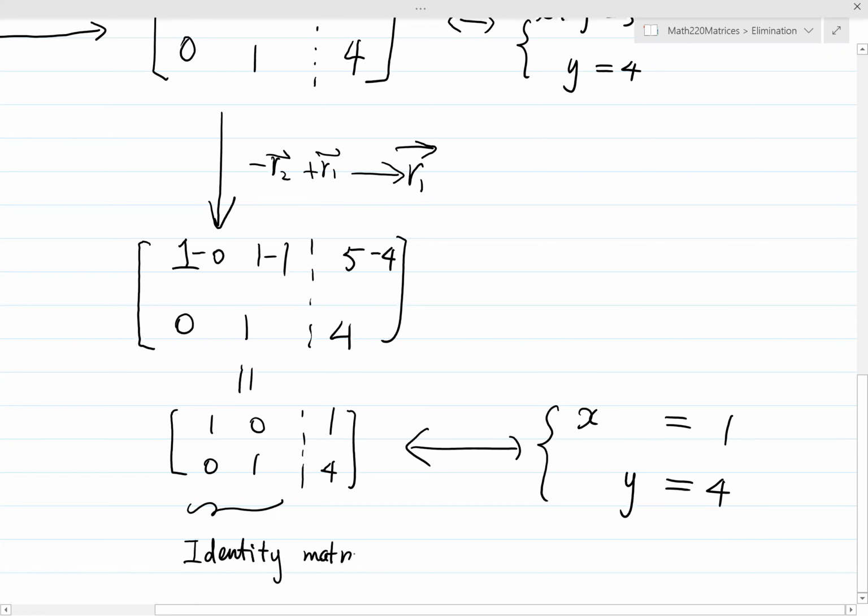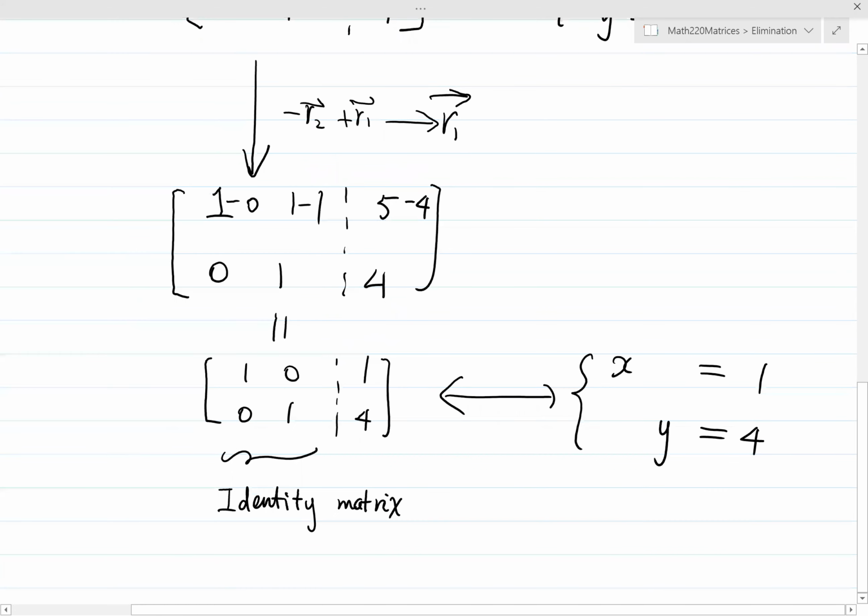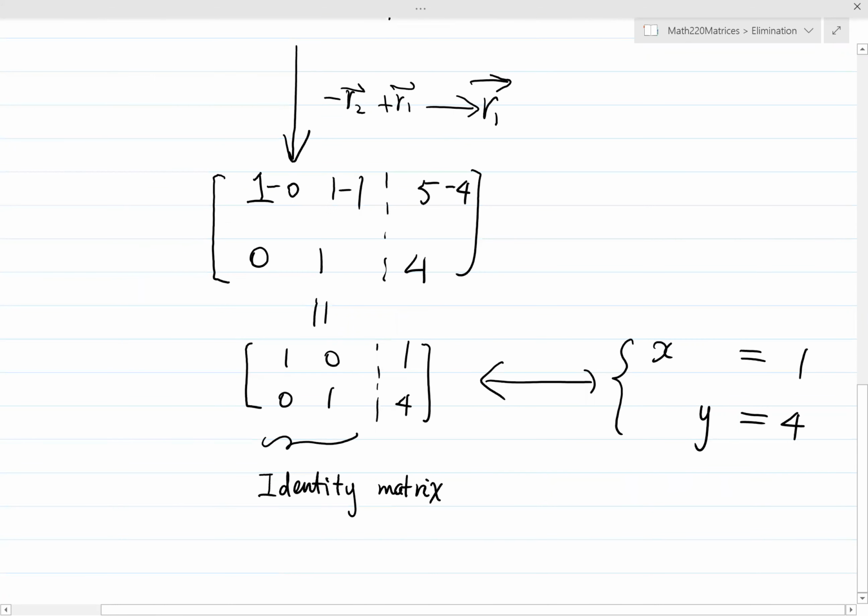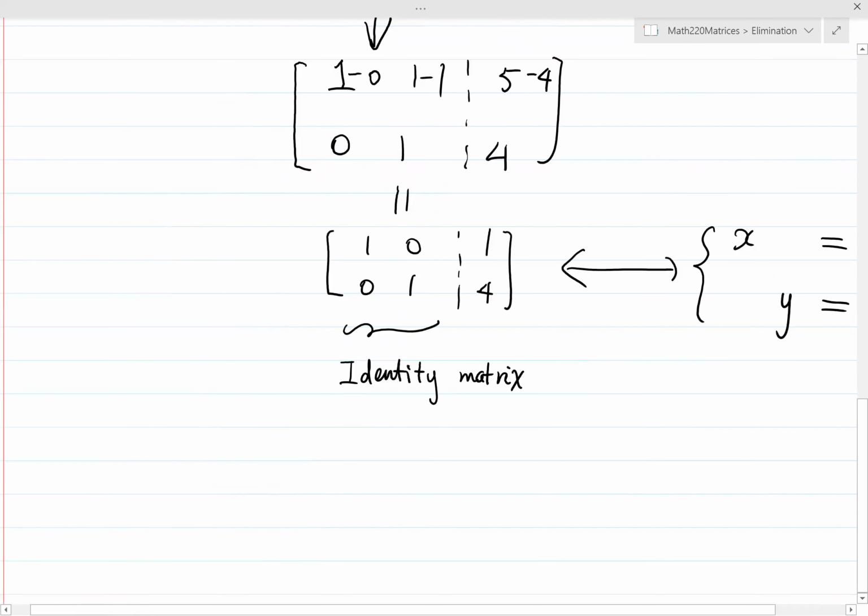So which row operations are valid, are allowed? Three types of row operations are allowed. This exactly comes from the manipulation of the equations, adding a certain multiple of an equation to another equation. Now you are not allowed to do column operations.